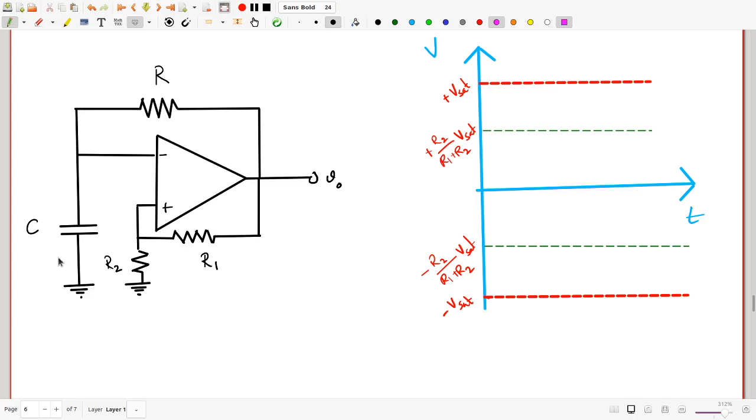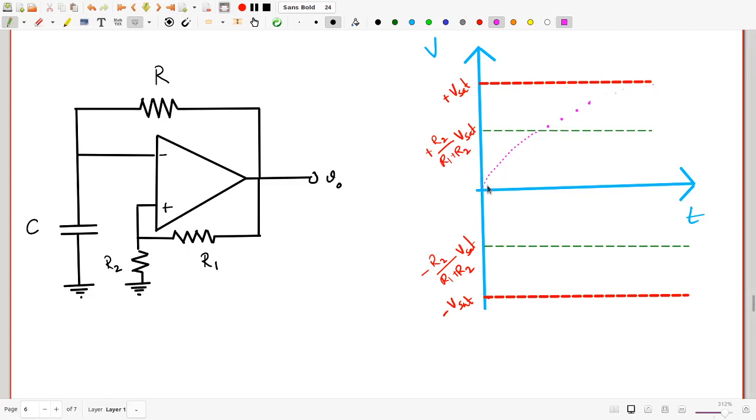So what does the capacitor do? It starts charging up according to the standard RC series circuit charging rule. Of course, it's charging as if it's tending towards plus Vsat, because that's where it wants to go, but it doesn't go all that way.